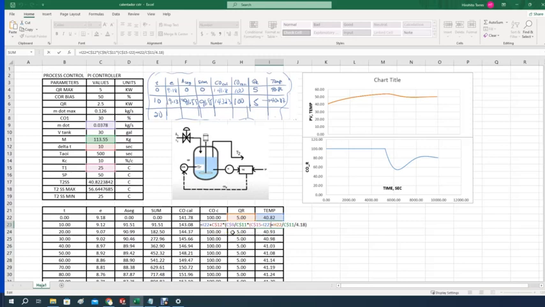So $9 is m dot, so you end up here with m dot over the total mass of the vessel, $11, which is this one here, 113.55, times T1, and T1 in this case is 25, minus I22, which is this temperature here, back again, and plus, careful here, H22, that's the actual QR, which is coming from here, divided by $11. That's again this here, divided by CP value, which is 4.18.